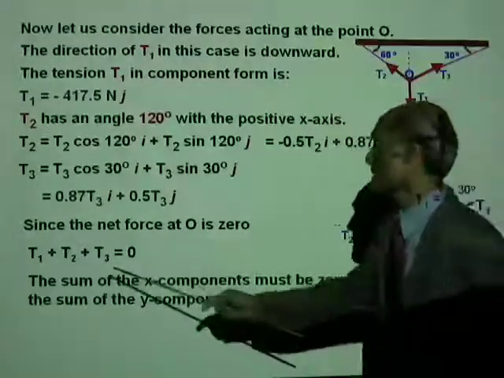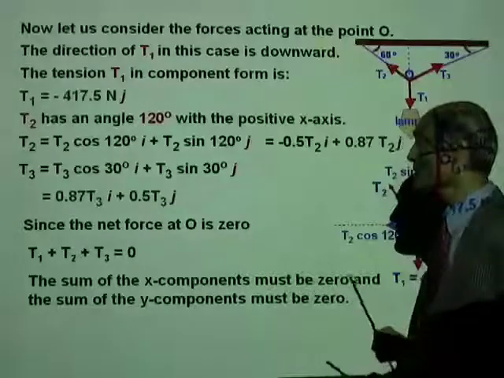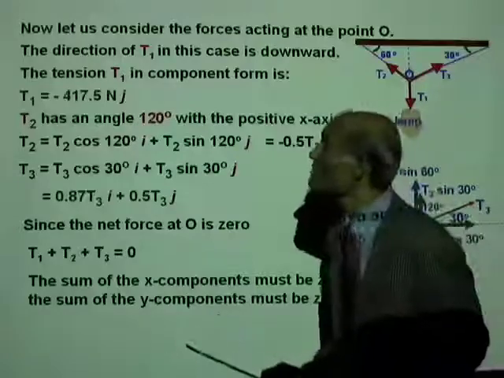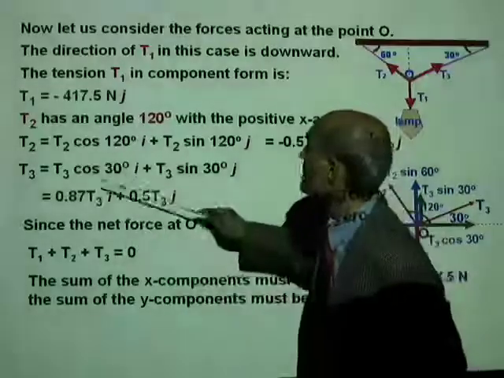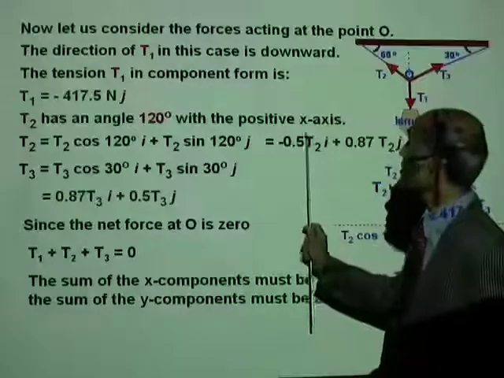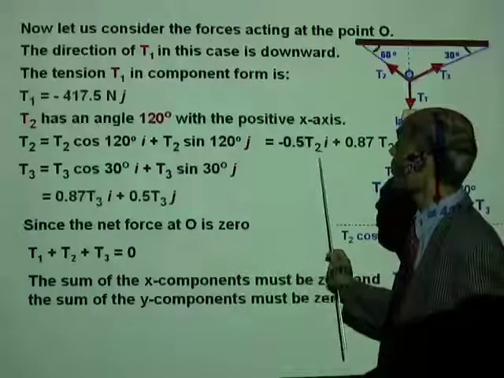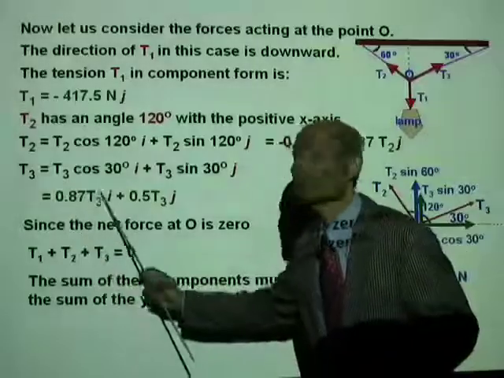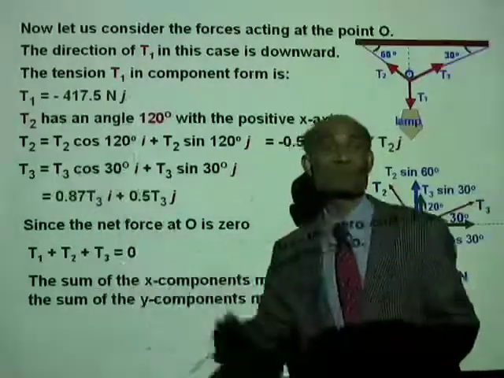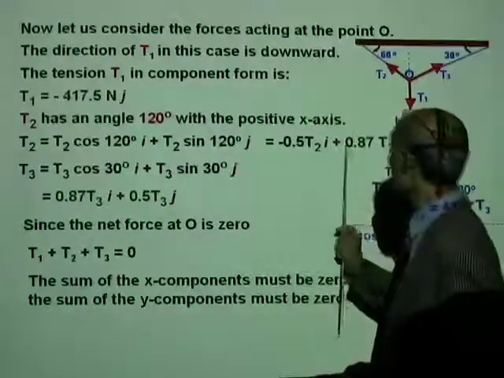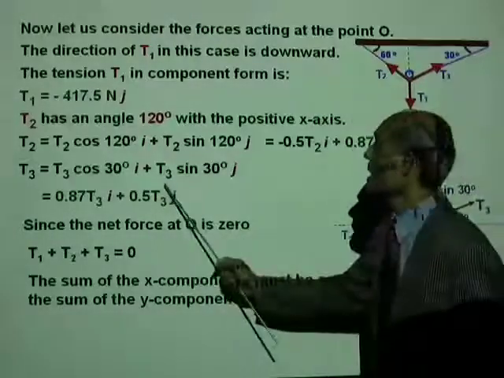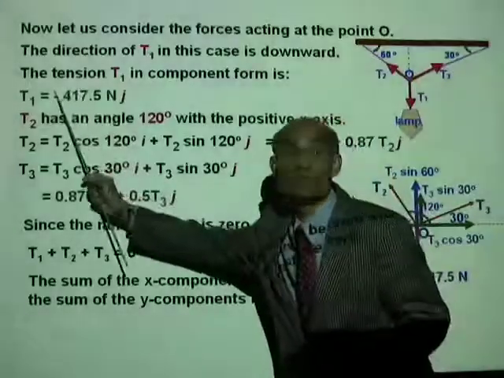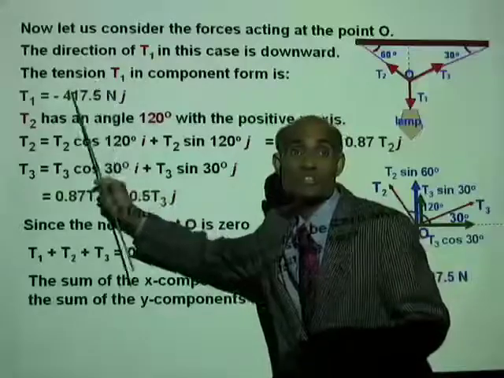So the sum of the x components must be 0 and the sum of the y components must be 0. That means if you add the x components, look at this, negative 0.5 T2 added to 0.87 T3 must be equal to 0, and 0.87 T2 added to 0.5 T3 added to negative 417.5.